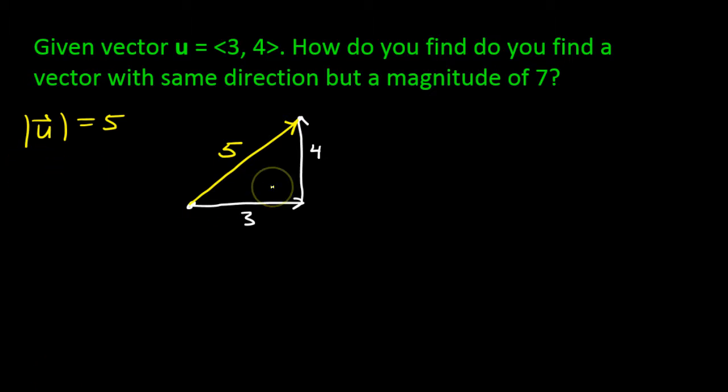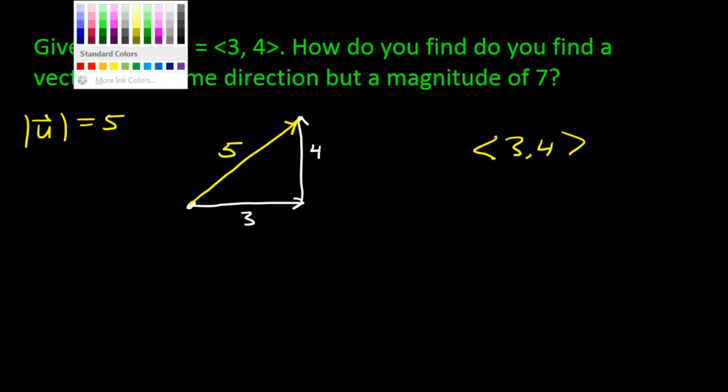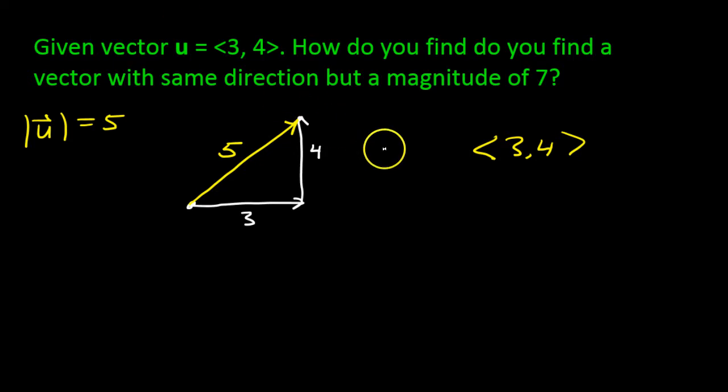Now, the first thing you need to remember is what happens when we multiply by a scalar. For example, say I take this vector u, which is 3, 4. What if I were to multiply vector u by the number 2?